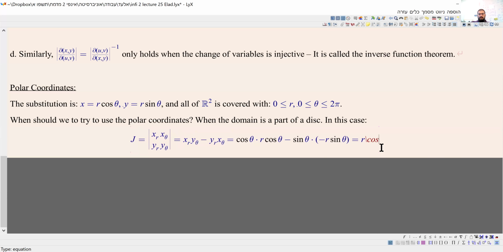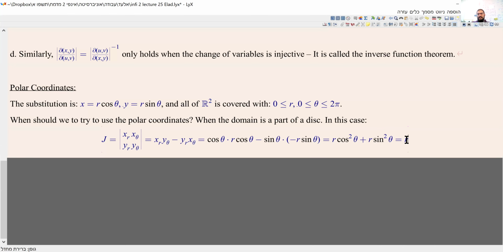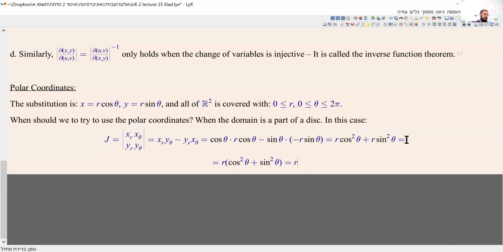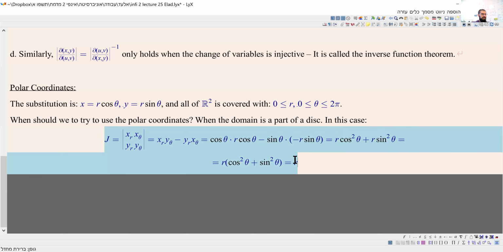We have r cosinus theta squared, minus minus is plus, r sinus theta squared. And we know, I hope so, that sinus squared and cosinus squared sum to one. So we are left, in the bottom line, with r. This is the Jacobian for the polar coordinates. And if you need to use it in the final exam, just write r without the explanation. It's already fine.